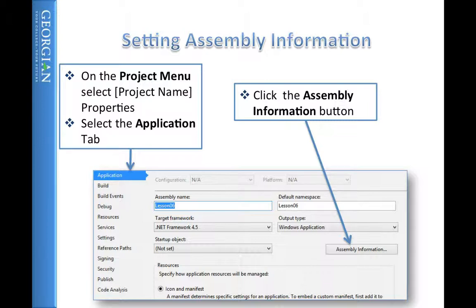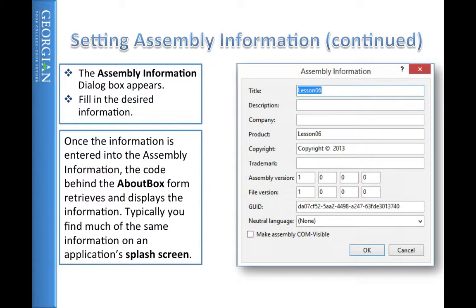But basically, you're going to have a manifest for each of your applications, and Visual Studio does it too, right? Here's where you find the assembly information, and what this basically shows you is your version history. Here's what the assembly information gives you: the title of your project, your description, if you have a company associated with it, the product name, right, as an example, your copyright information, so here's 2013, and your assembly information, your file version.